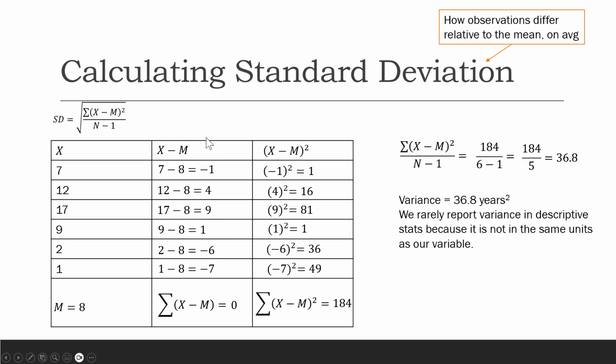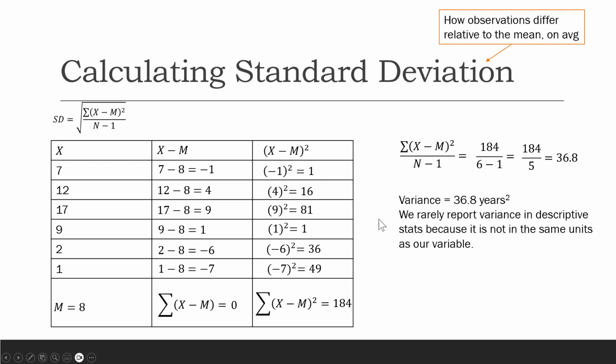So all of these deviations are still years. When I go to the squared deviations, now I'm no longer in years, I am in squared years, or square years. So this numerator here is in square years, and I'm just dividing it by a count, which is why this 36.8 here is in years squared, or square years.